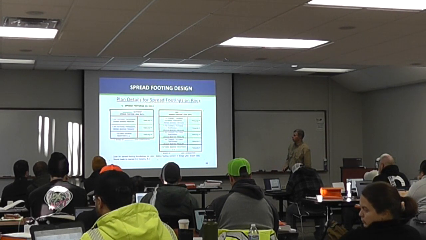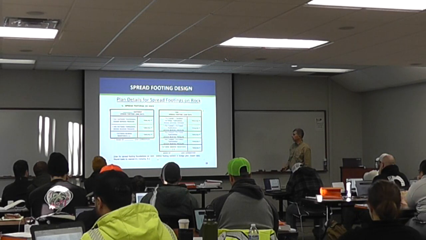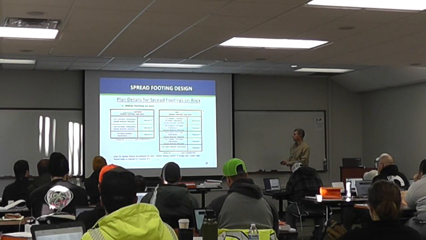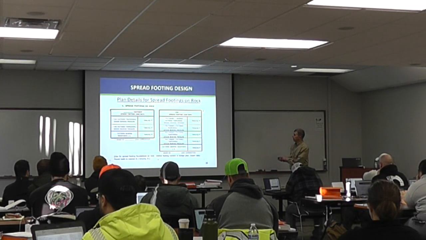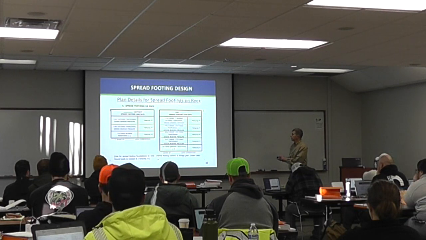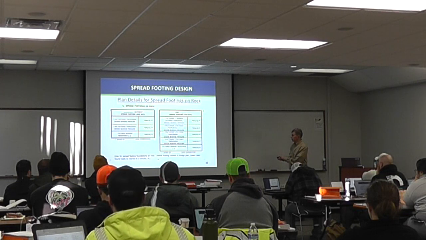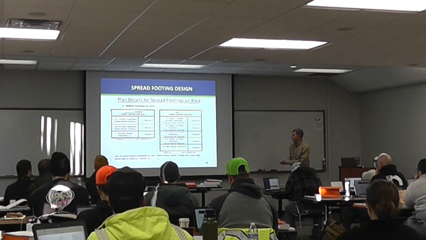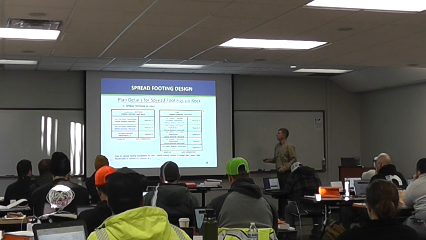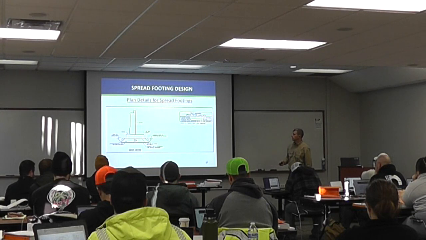If you're on rock, it's a little bit different, a similar thing, but they also look at, here on the pier, what is the bearing pressure at each corner. So if you have a spread footing, that's what it's going to be.